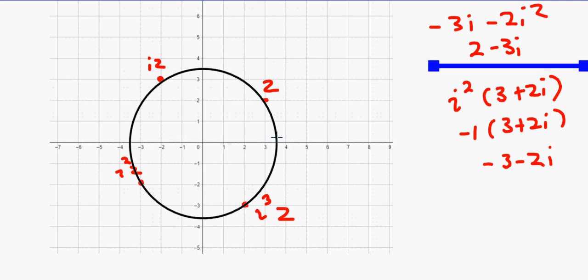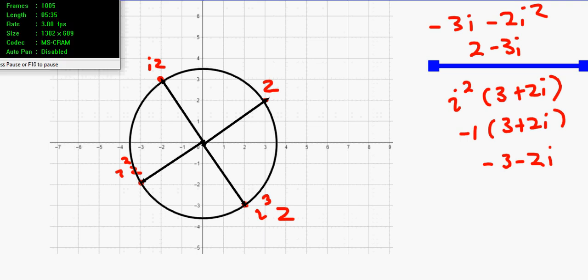Okay. First and foremost, they're all the same distance from 0, 0. Second thing, they're all pitched at 90 degrees to each other. 90 degrees there, 90 degrees there, 90 degrees there.